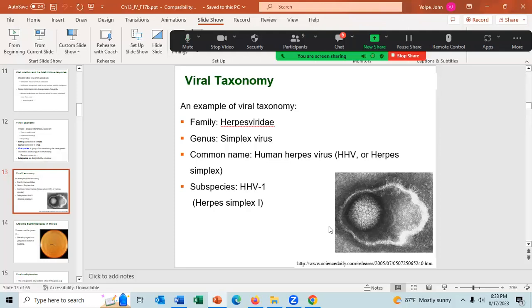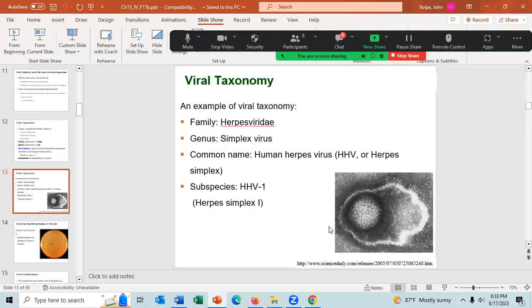So herpes simplex virus is the virus we're talking about. That's the genus. Then the common name will be herpes simplex, and then the subspecies would be herpes simplex virus type 1, or herpes simplex type 1. That is the common name.